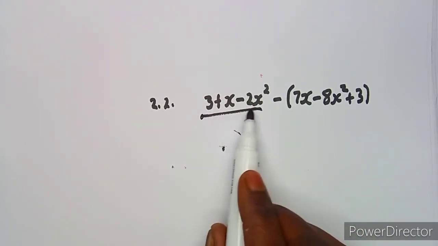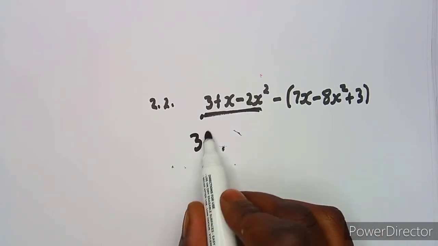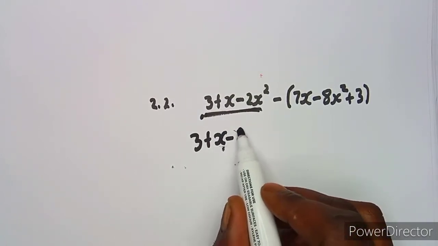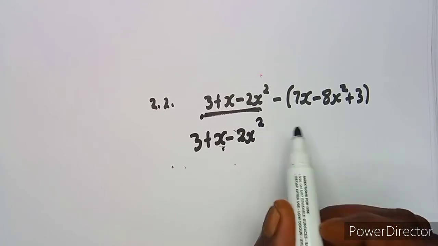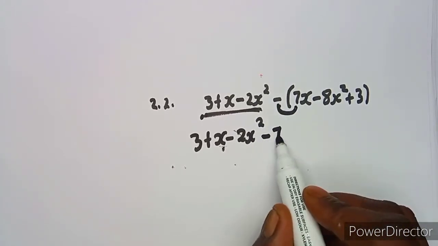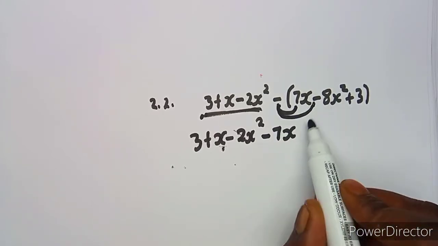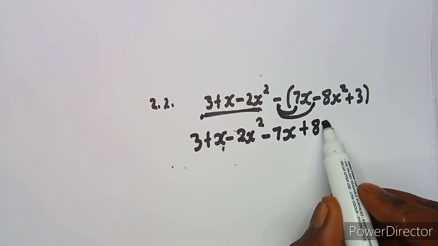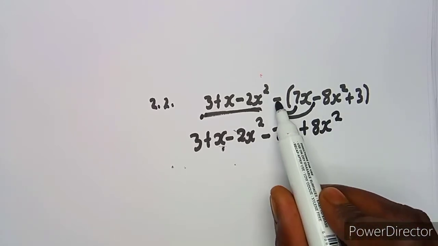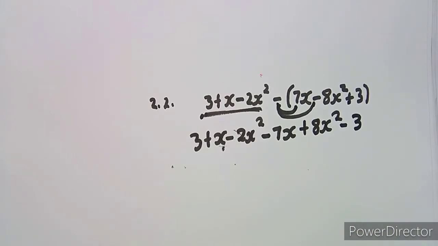So this one is just going to repeat as it is. Then we can multiply by minus. So it's minus times 7, which is minus 7x, minus times minus 8, which is a plus 8x squared, minus times plus 3, which is minus 3. So that's what you're going to have.